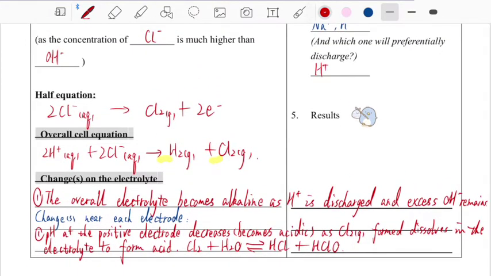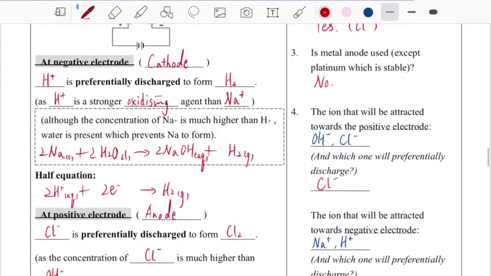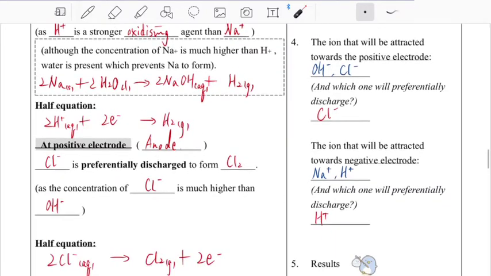And on the negative electrode, we use hydrogen ion only, so it will leave us with excess hydroxide ion. Hence, the pH at the negative electrode would increase, and we say it becomes more alkaline.